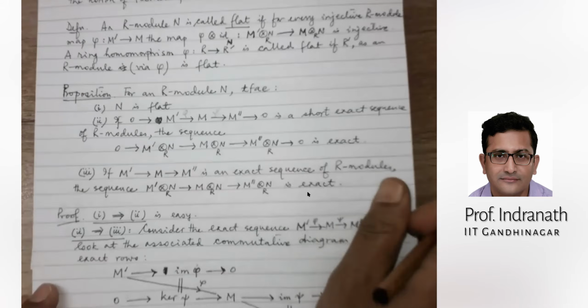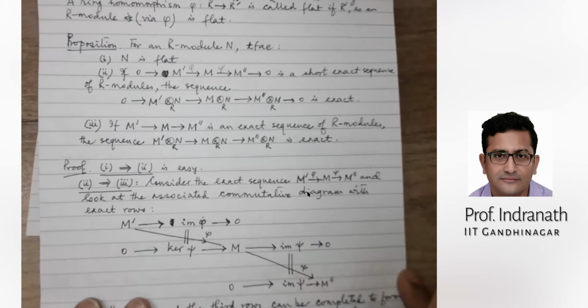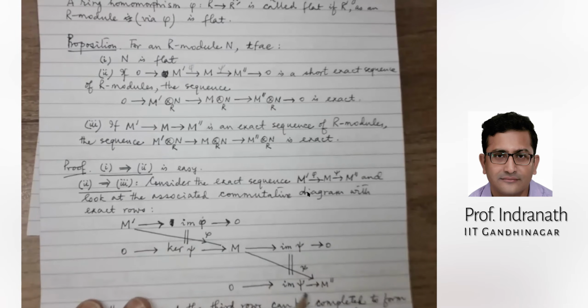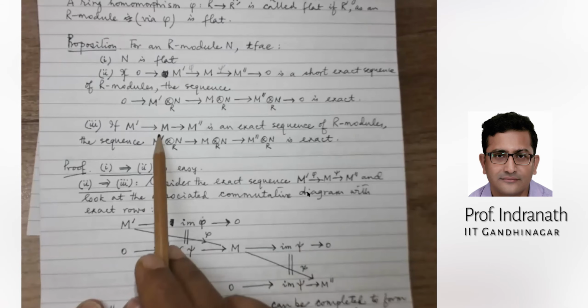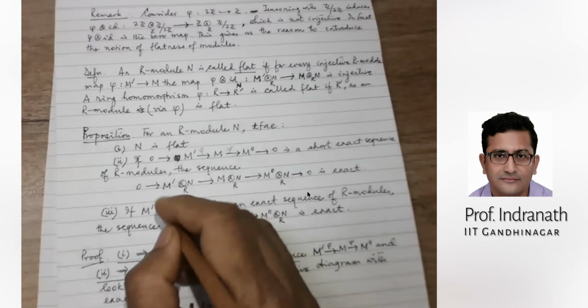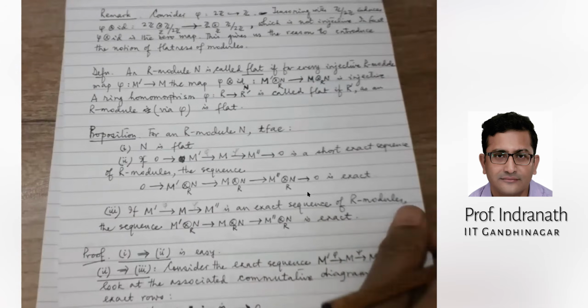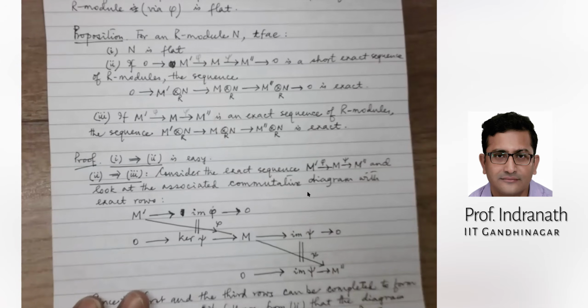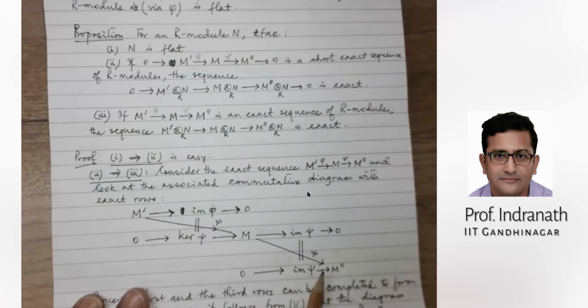Okay. So once you have these exact rows, here you have your original exact sequence. We are proving 3, by the way. So I have a exact sequence here. This is my original one. And basically, again, I'm doing a diagram chasing. I want to show that this is exact after I tensor by N, right?